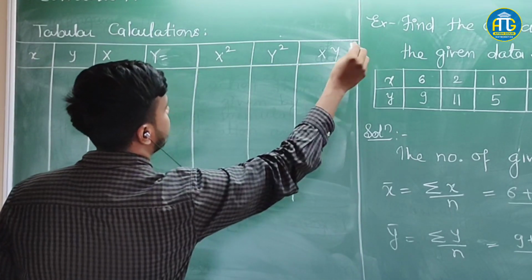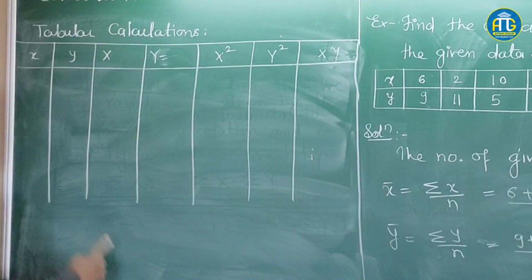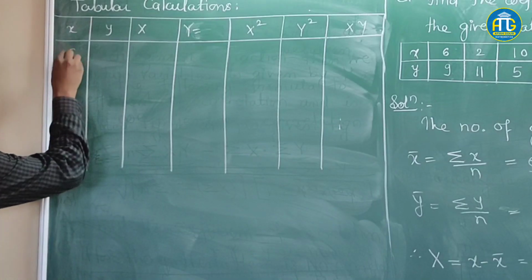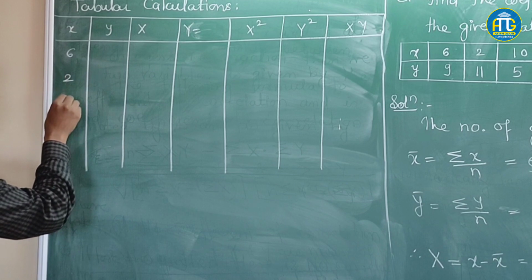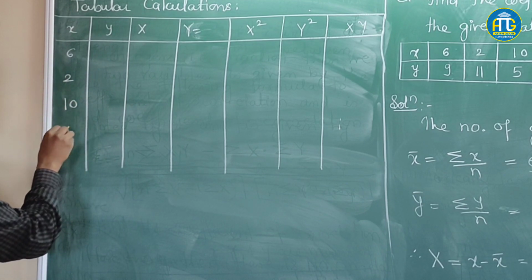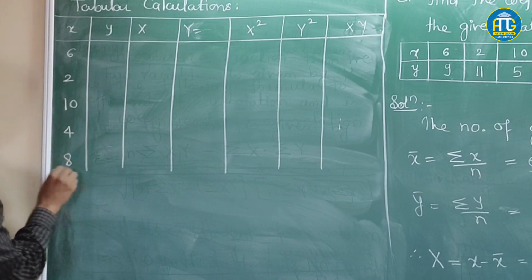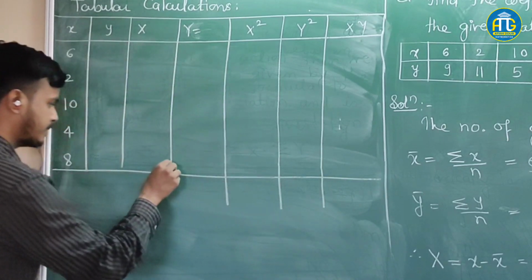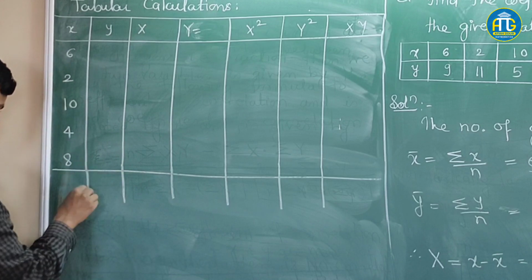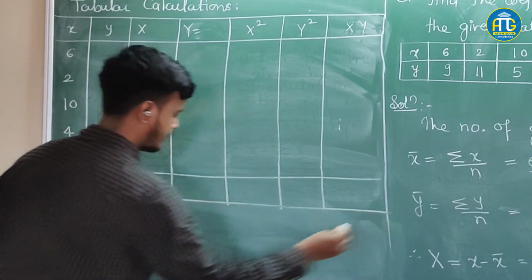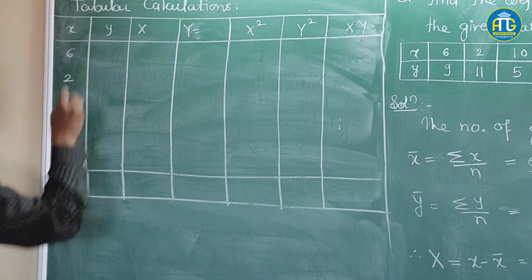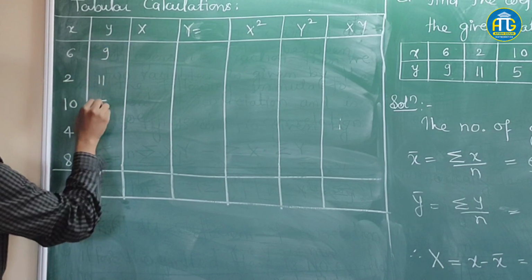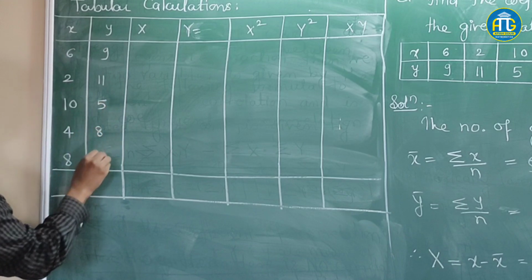The values of x are given: 6, 2, 10, 4, 8, and values of y are 9, 11, 5, 8, 7.